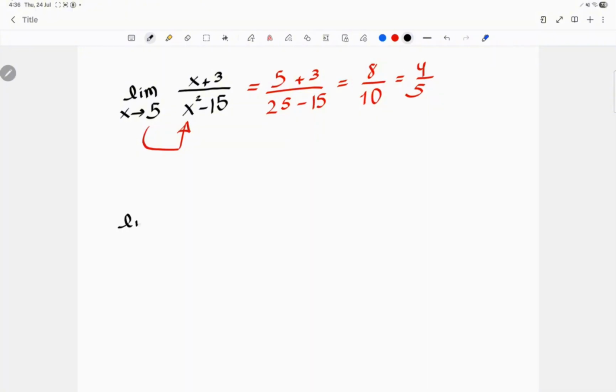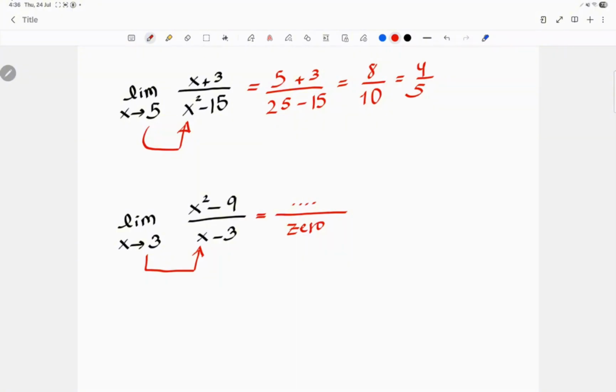For example, if I have limit of x approaching 3, x squared minus 9 over x minus 3. Right now, if I were to replace the x in the bottom with a 3, I'm going to end up with a 0 in the bottom, which is to be avoided as much as you can.